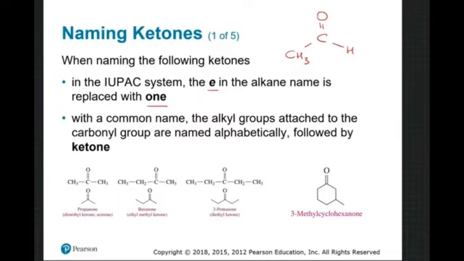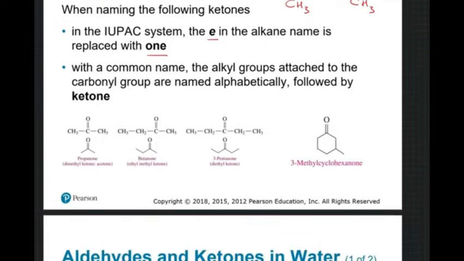But in order to connect that central carbonyl carbon to 2 more carbons, you have to have 3 total. So the smallest ketone is propanone, which you see how the name is made. Propane, E is replaced with O-N-E. Okay? It's fairly straightforward, right?